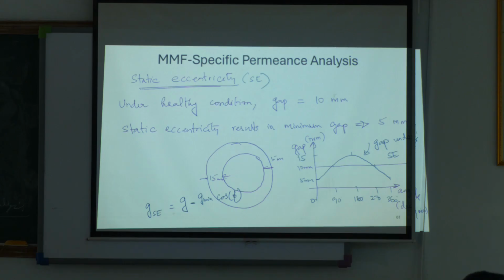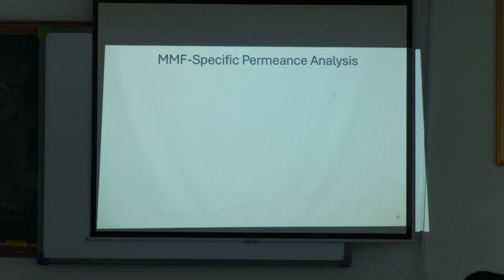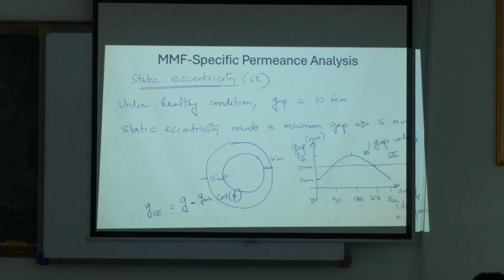Let me write it on the next slide for clarity. Published work states that healthy minus, and phi is the angle from the stator frame of reference. I am going to give you a few minutes to check whether this mathematical equation corresponds to the function that we have drawn.